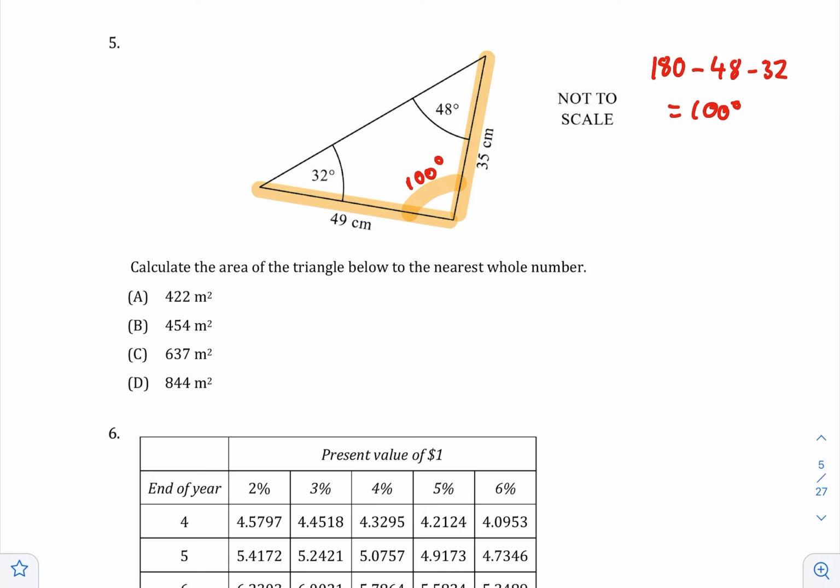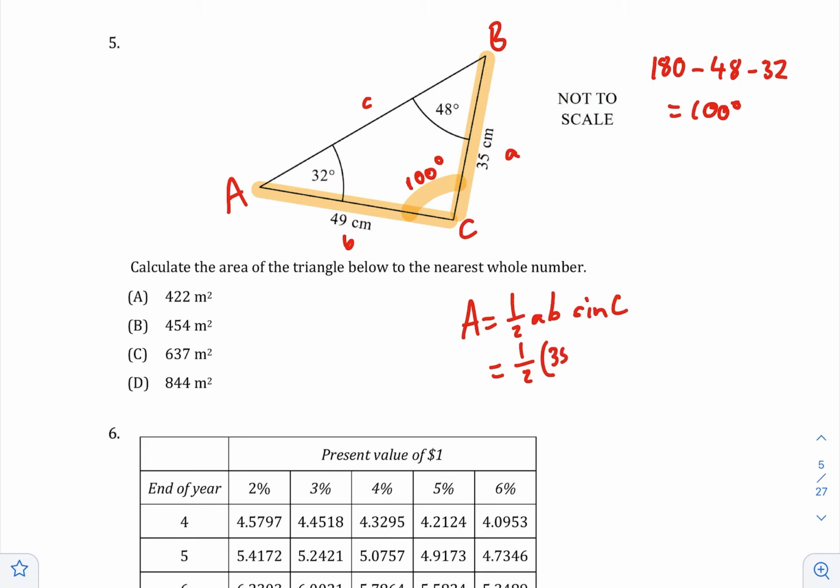So if that's 100 degrees, we can then use the area rule for a non-right angled triangle, which is a half ab sine C. Quickly labelling the triangle, that has to be little c, and the others don't matter as much, because if you did them around the other way, you'd still get the same answer.